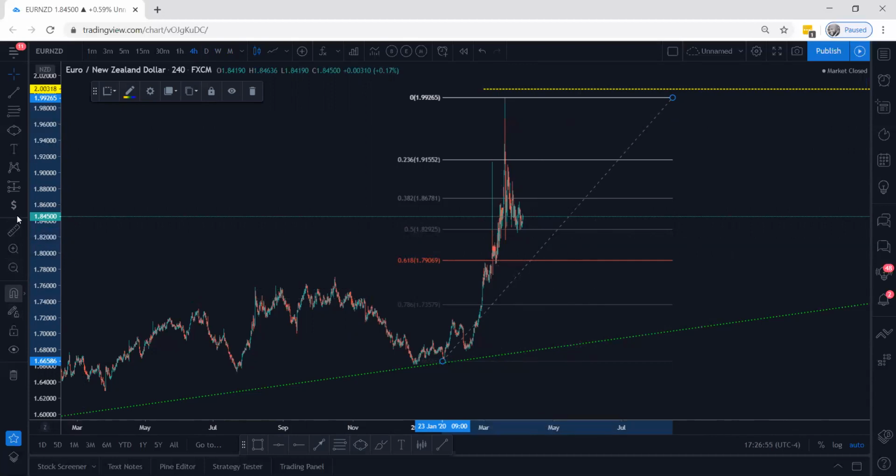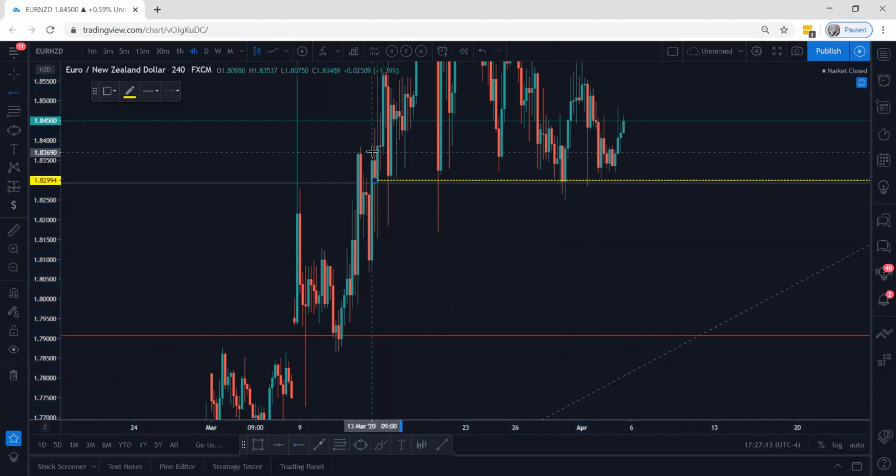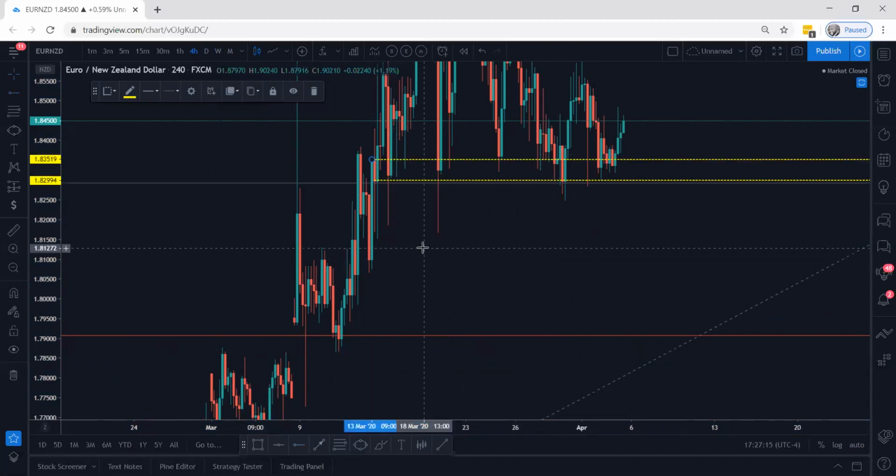And if you look on this higher time frame in that area, right here, we have an engulfing candle. So you can watch for price to respect that area, even on these higher time frames.